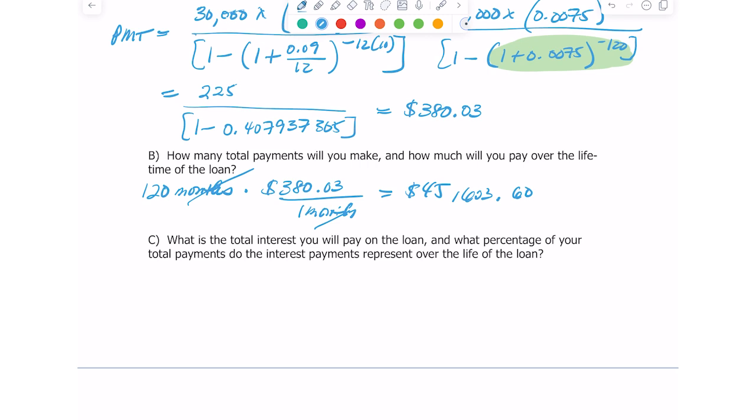loan was for $30,000. So now what is the total interest you'll pay on the loan? And then what percentage of your total payments do the interest payments represent over the life of the loan? Let's figure out first of all what the total interest would be.